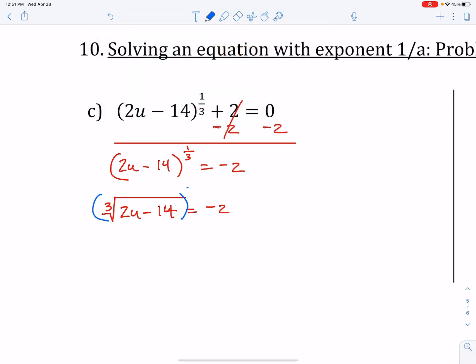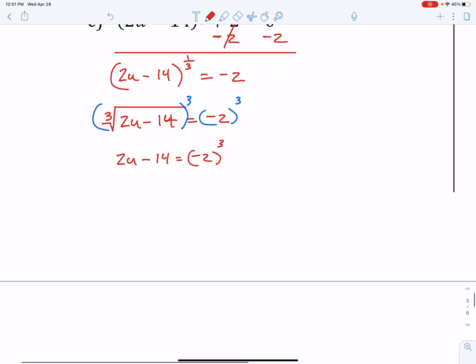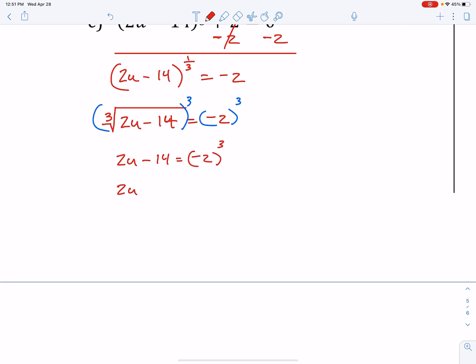Yes, to the power of 3 on both sides. Good job. And you have 2u minus 14 equals negative 2 to the third power. 2u minus 14 equals negative 8.